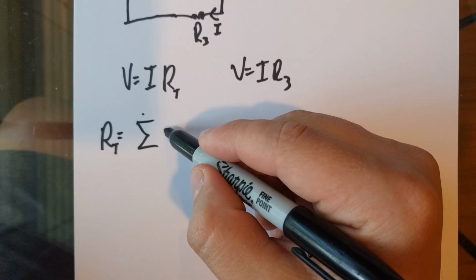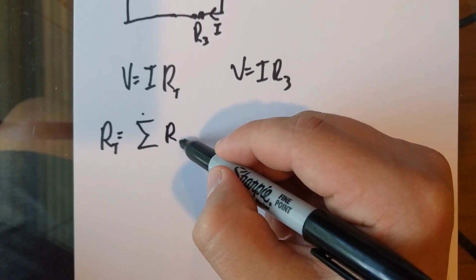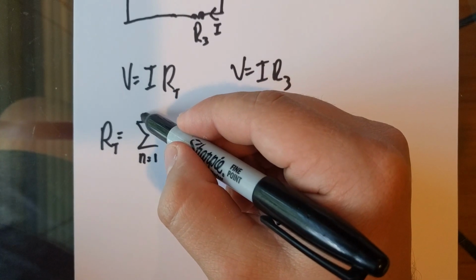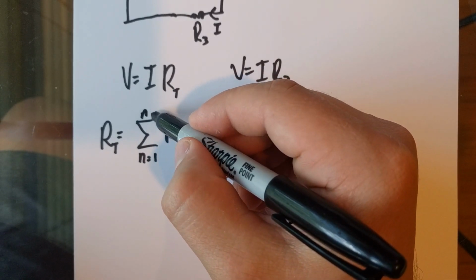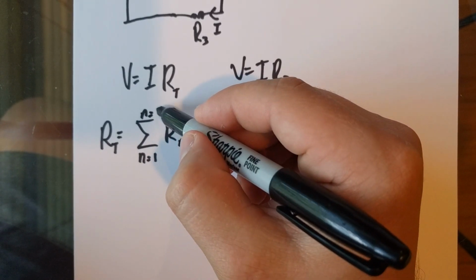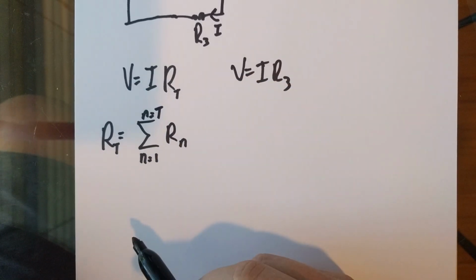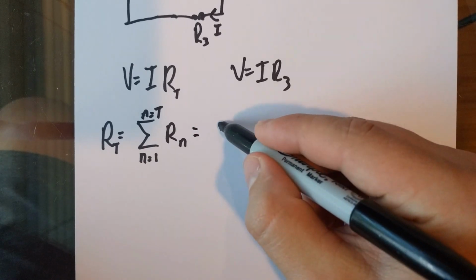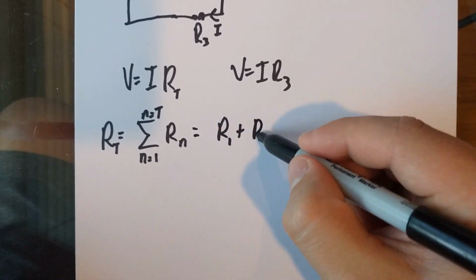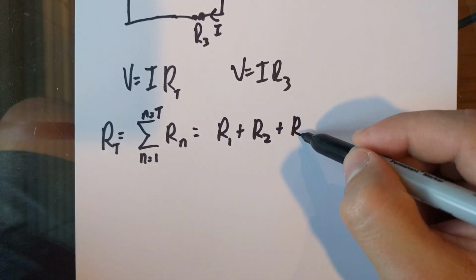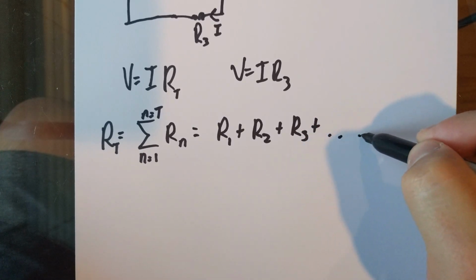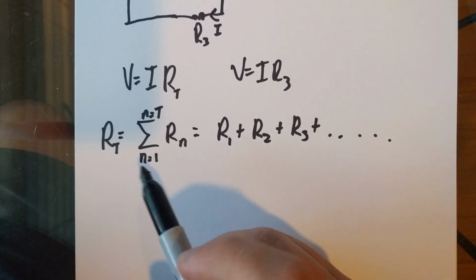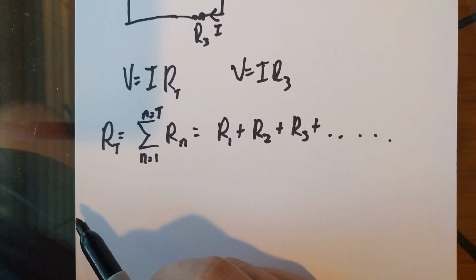So it'll be R sub n, n equals 1 to n equals the total number of resistors, right? Which would be R1 plus R2 plus R3 plus ... Same thing with the 1 over R for the resistors in parallel.